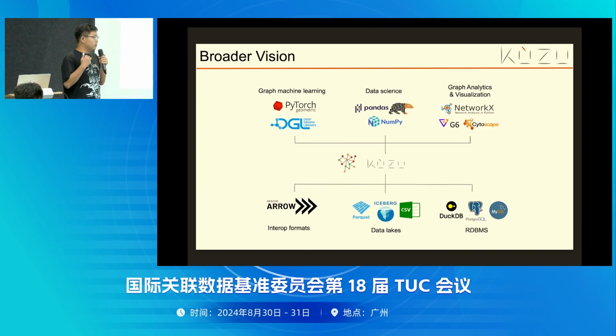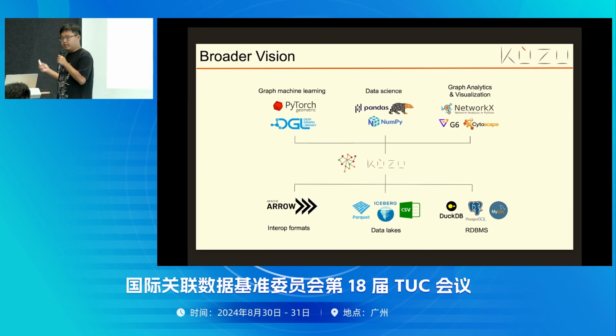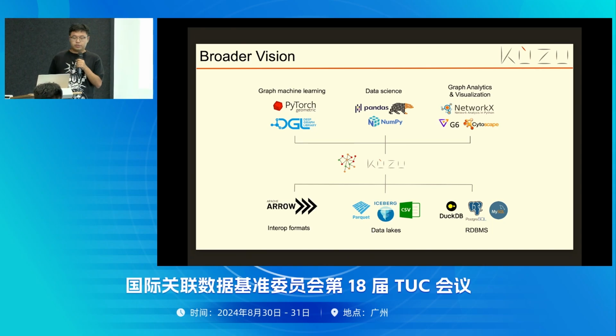The broader vision of Kuzu is to be the go-to system for graph analytics. We try to minimize the friction for users who want to model their records in a graph and run graph queries on top of it.